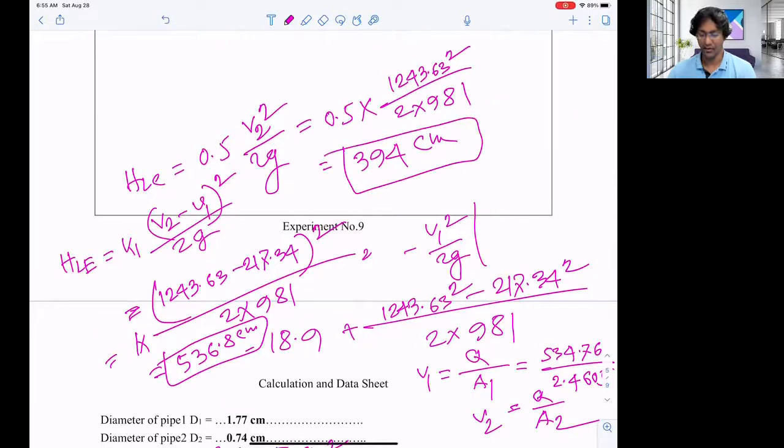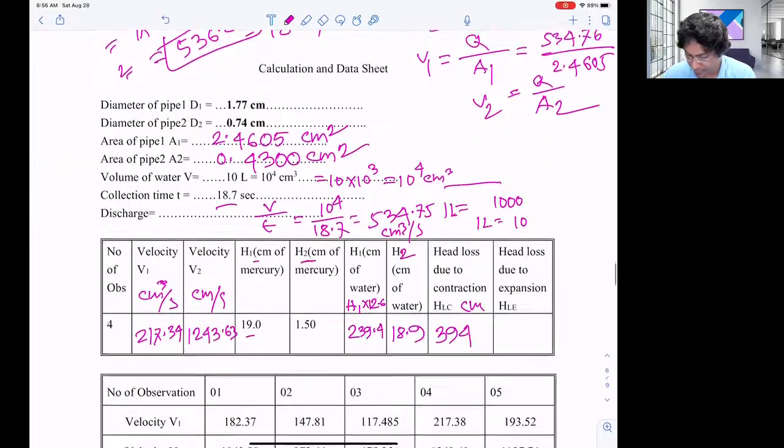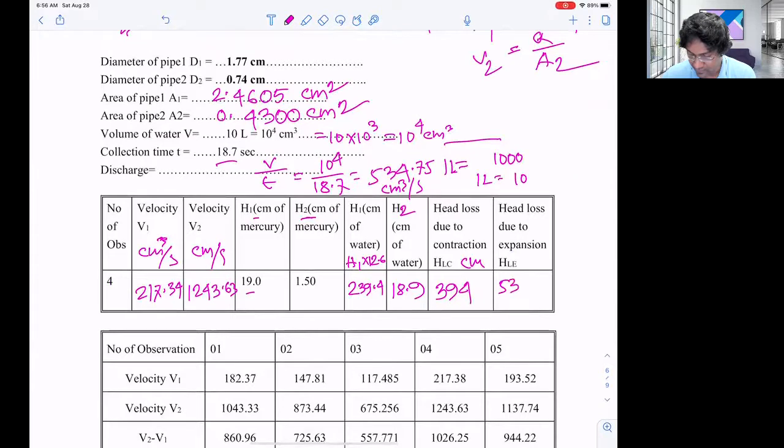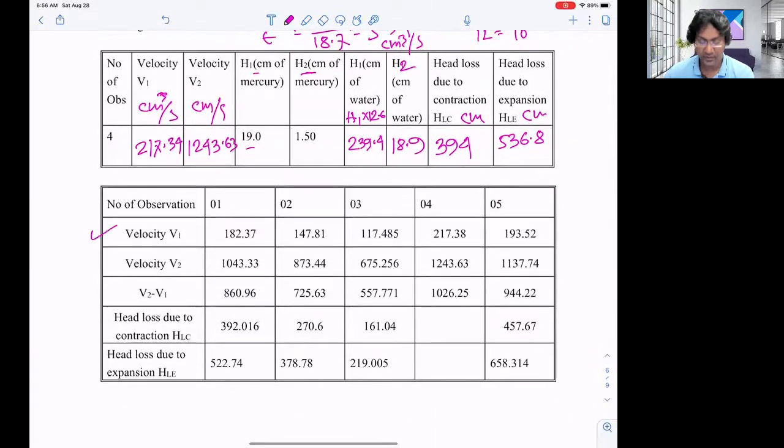So which one is greater? So head loss due to sudden expansion, right? That one is greater than that value, 536.8 centimeter. So if we calculate these values, V1 for different flow rates, for different groups, we have 5 groups, and if you calculate the same velocity V2 for all of them, and take the difference between these two, because we know that we need to take that difference and plot that, then these are the velocity differences we have.